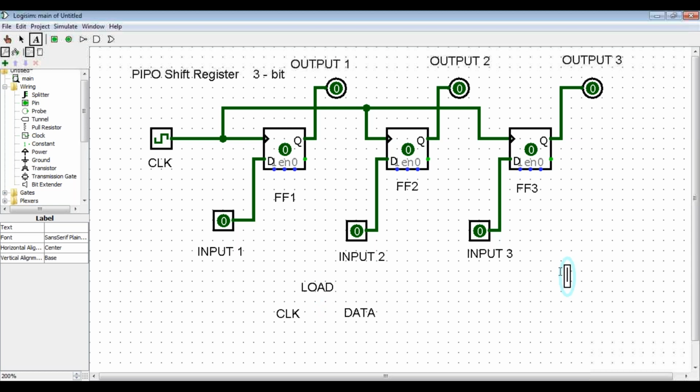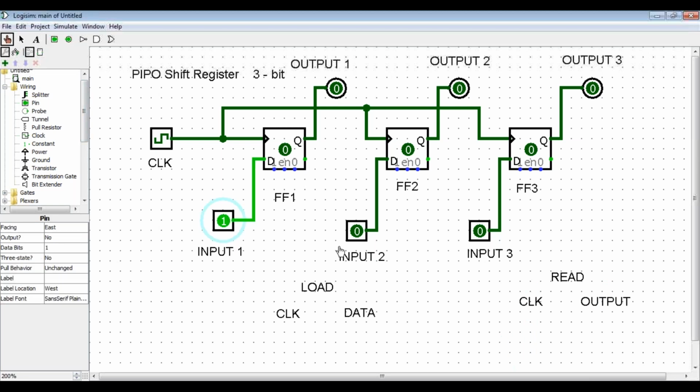Next we are going to see the read operation: clock, then output. Suppose I'm considering my input as 1 0 1.